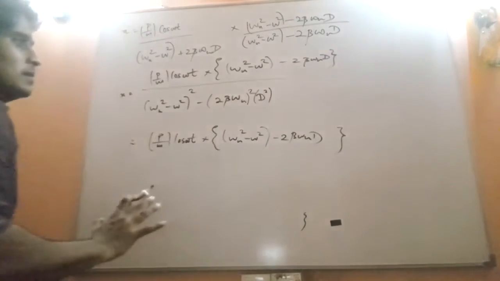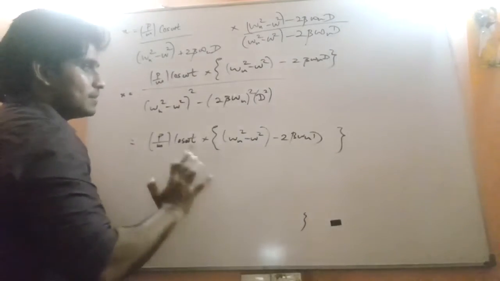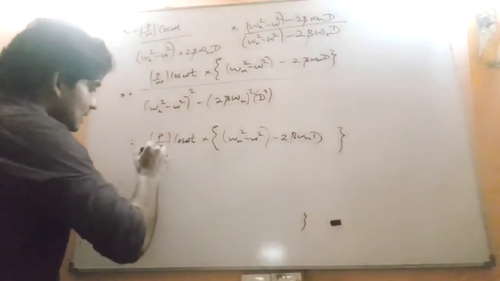Now this D squared part you can replace by putting minus omega squared. So let's write that step in here.